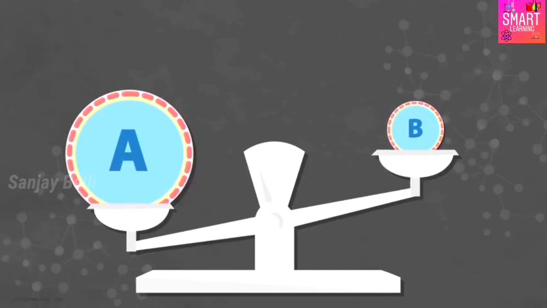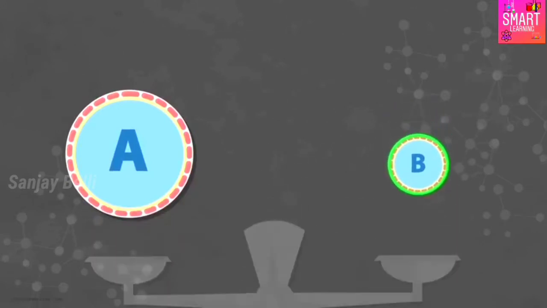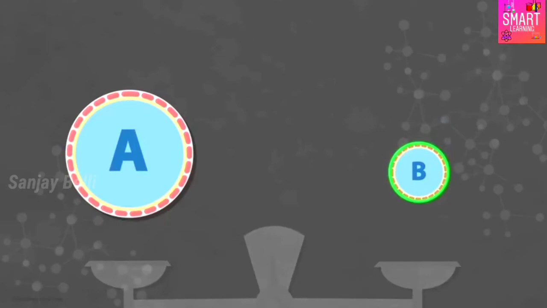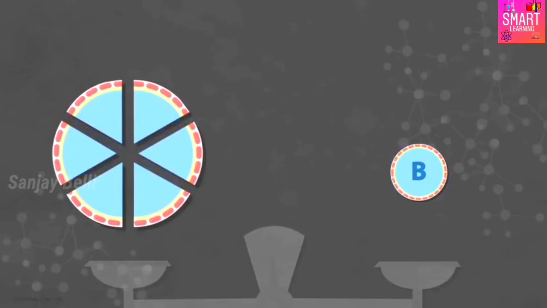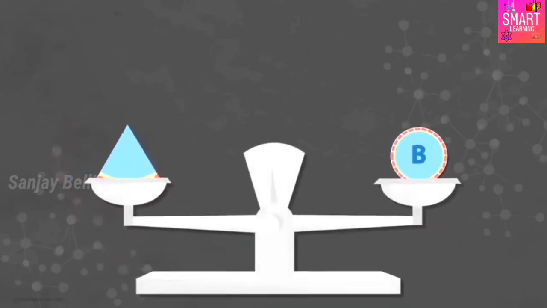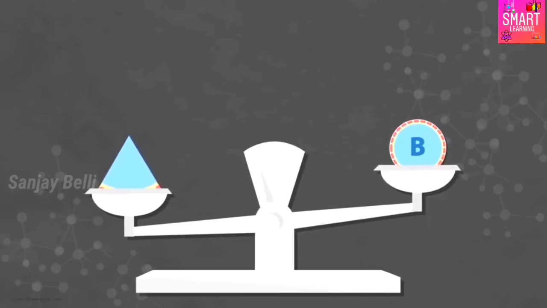Now, if we want to find out the weight of B, we need something smaller to compare it with. So let's cut object A into 6 equal pieces, and compare the weight of object B with one piece. We see that this piece is still heavier than object B. This probably tells us we need a smaller piece for comparison.